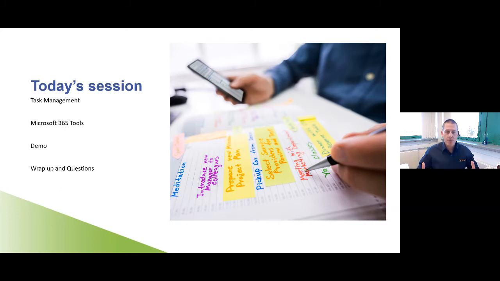Then we'll wrap up. We'll go over what it costs, and some of the ways that you can learn more about these technologies going forward. If I've not answered any questions as we're going, then I'll answer any further questions at that point. But once again, if you do have questions, please do use the Q&A section within your Teams environment. That will come directly through to me and we can make sure that you get an answer.